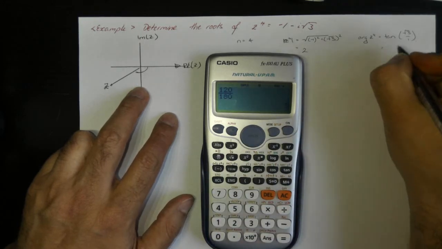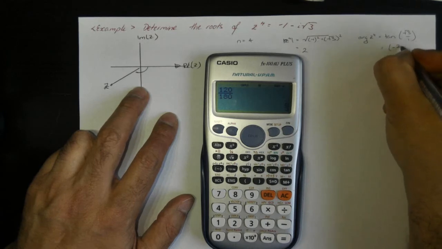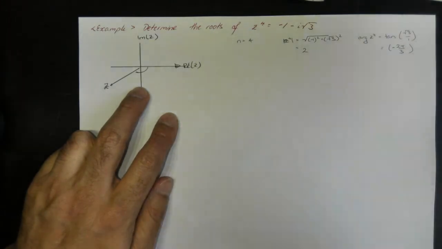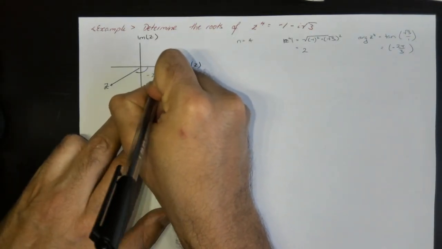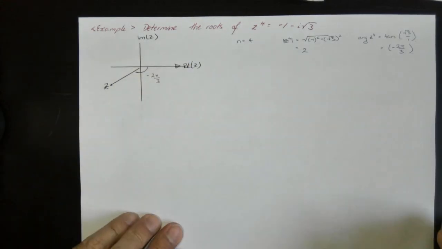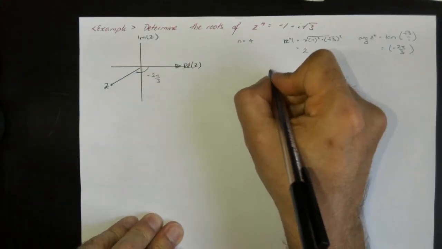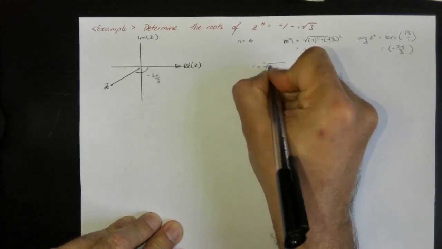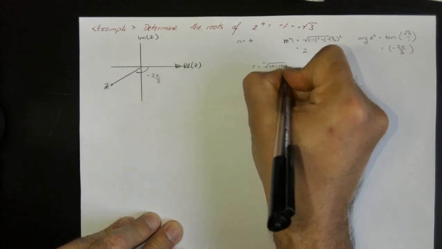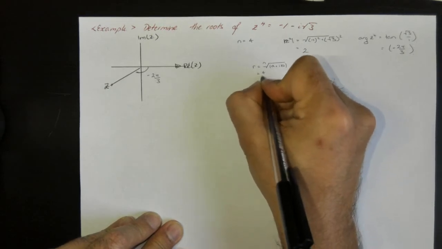So negative 2 pi on 3. Okay. So my new R is using that formula of n. So it will be 4 to the root 2.